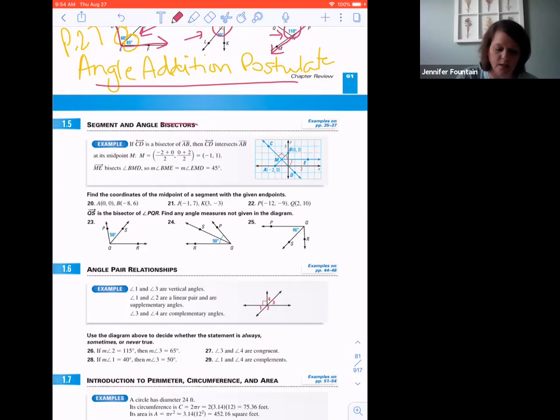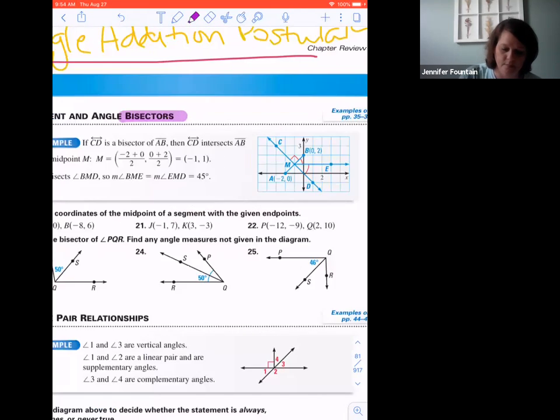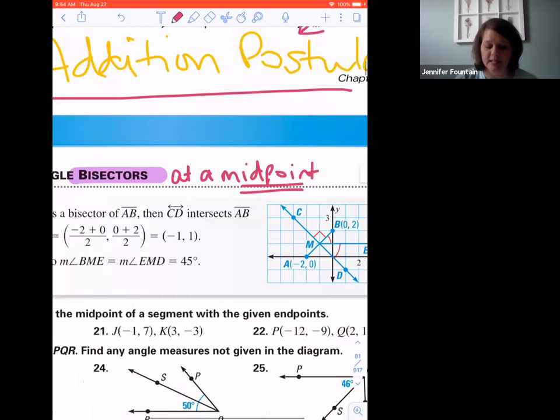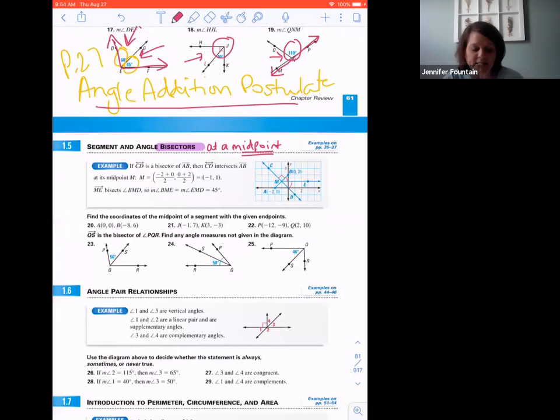Okay, so I know that if it bisects at a midpoint, I know that that word midpoint is halfway. So a bisector cuts it in half, okay?